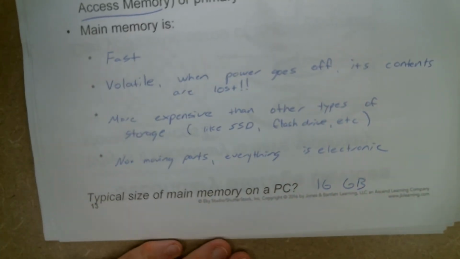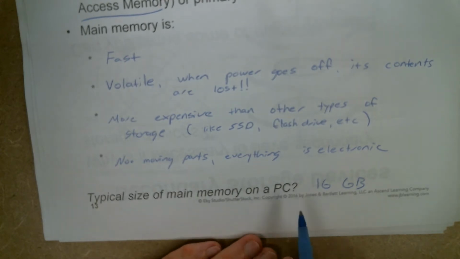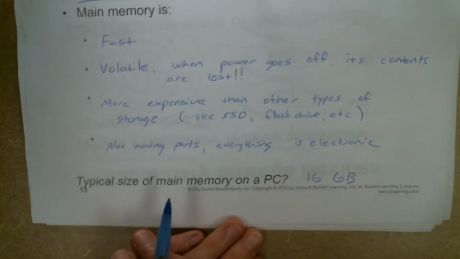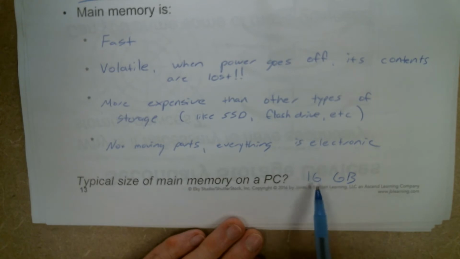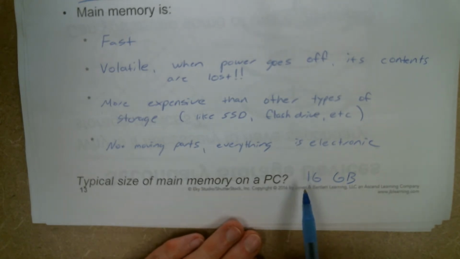Whereas hard drives have got into terabytes, you're not going to see RAM go much above 16, 32 gigabytes, that sort of range. Not that there can't be exceptions, but a lot of times you're going to see it in the smaller range because it is much more expensive than secondary or hard drive storage.